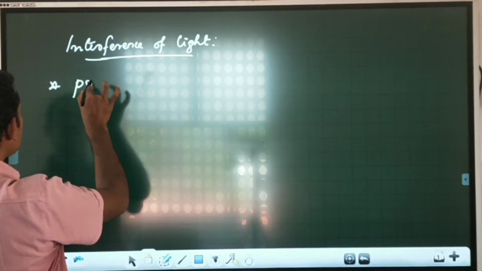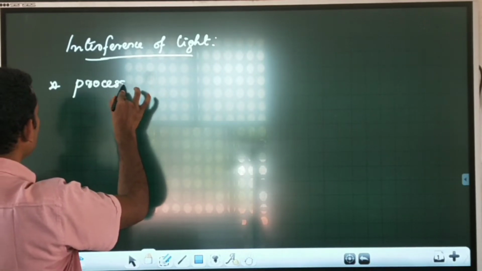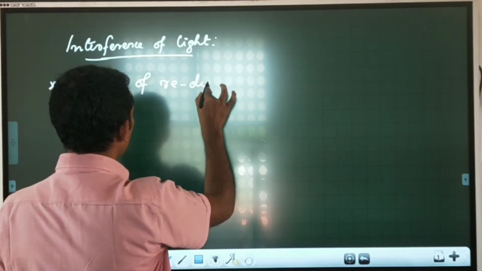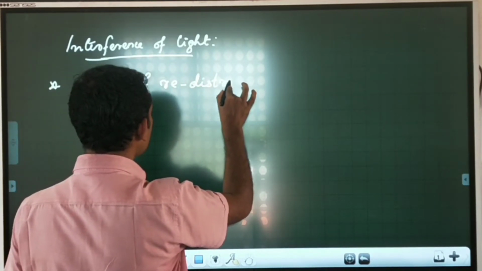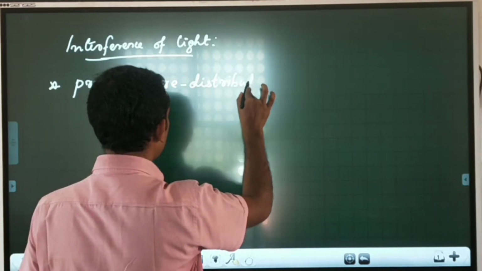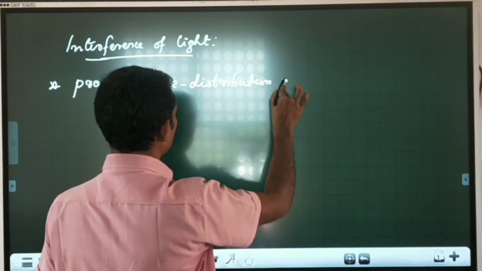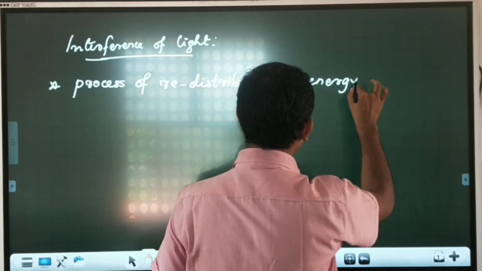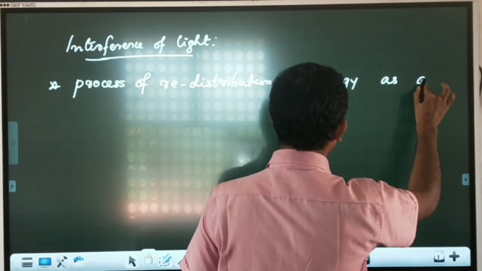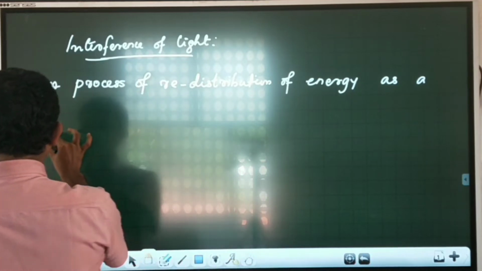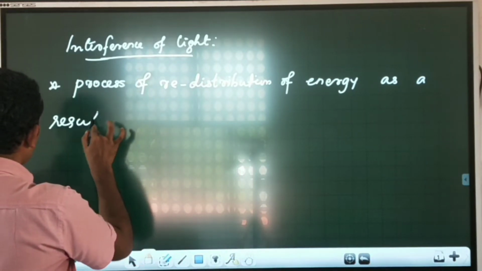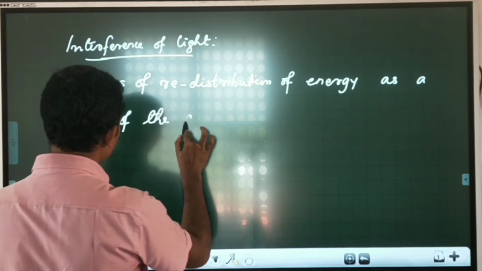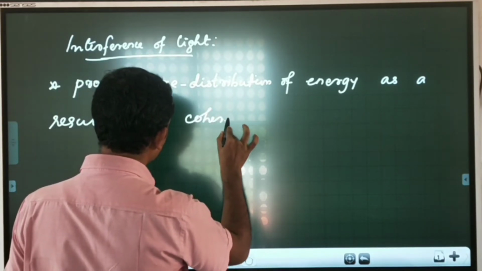The process of interference of light is the process of redistribution of energy as a result of the coherent addition of waves.